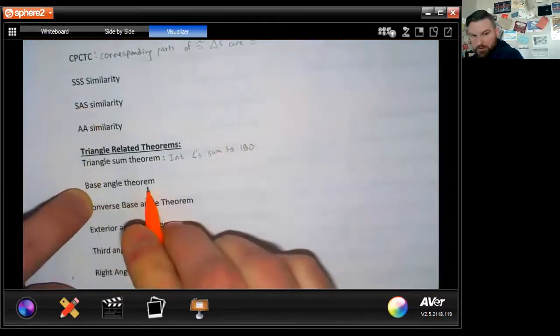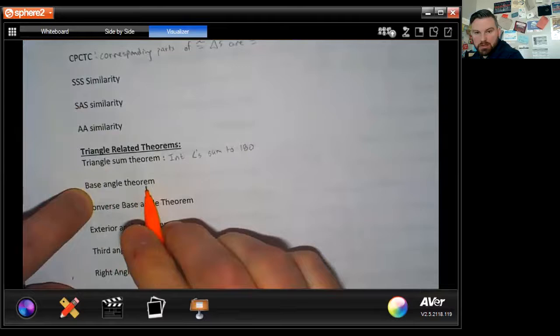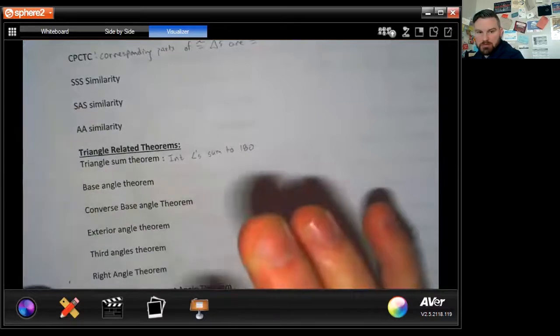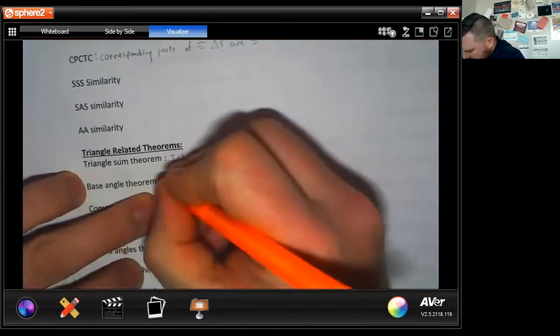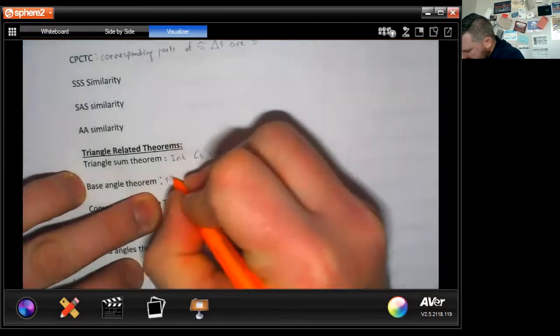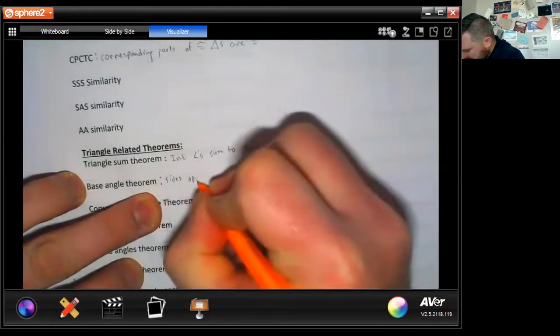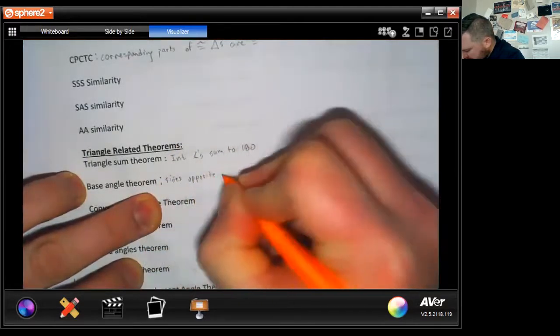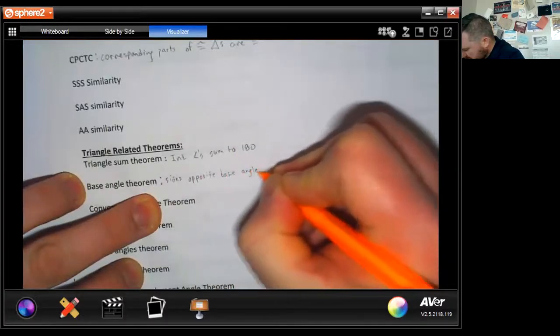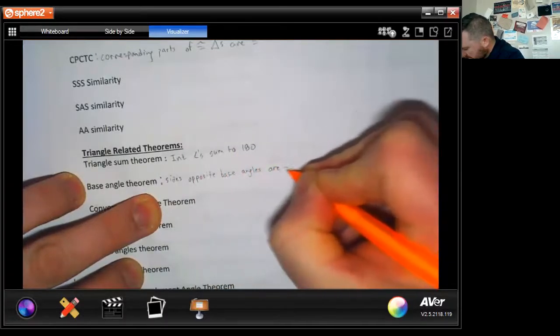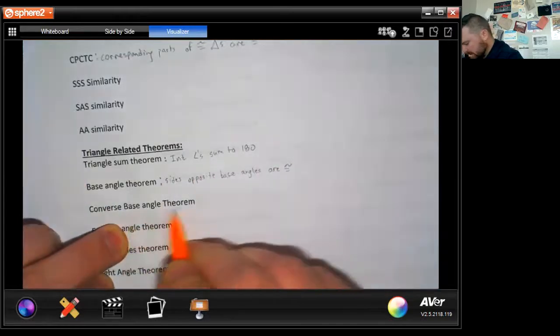Base angle theorem. That was the one where if the two sides are the same, then the angles opposite the sides are the same. Base angles are congruent.